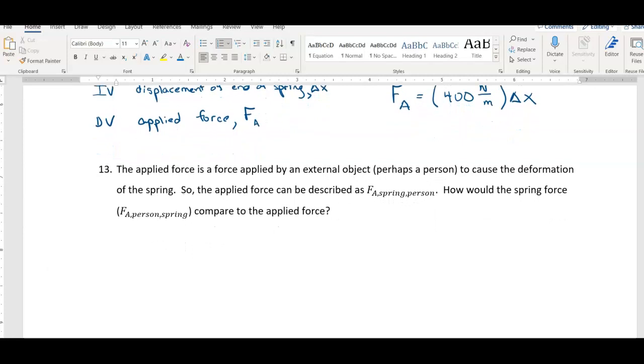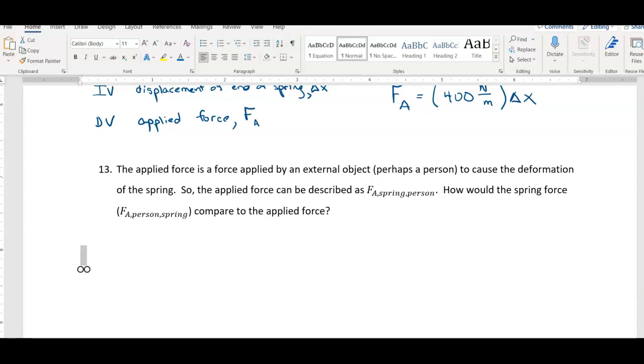The applied force is a force applied by an external object, a person perhaps, to cause the deformation of the spring. So the applied force can be described as the applied force on the spring by the person. How would the spring force, that is the force that the spring is applying, compare to the applied force?